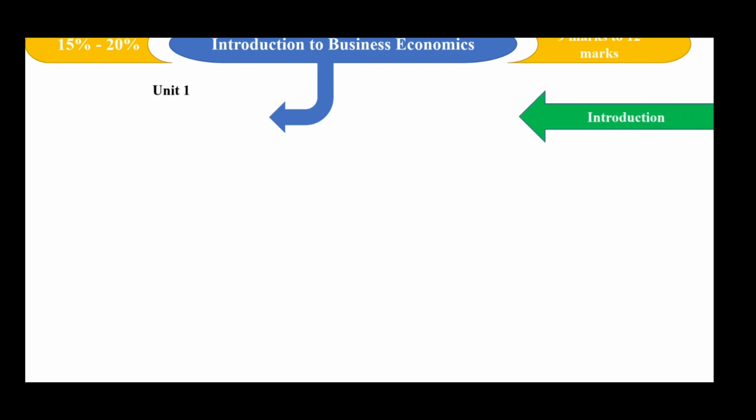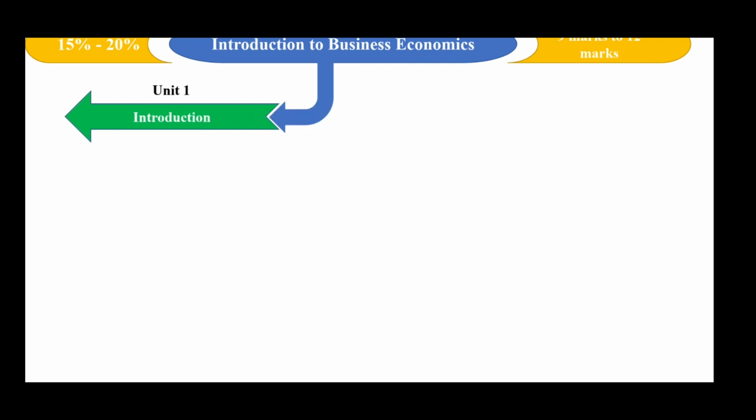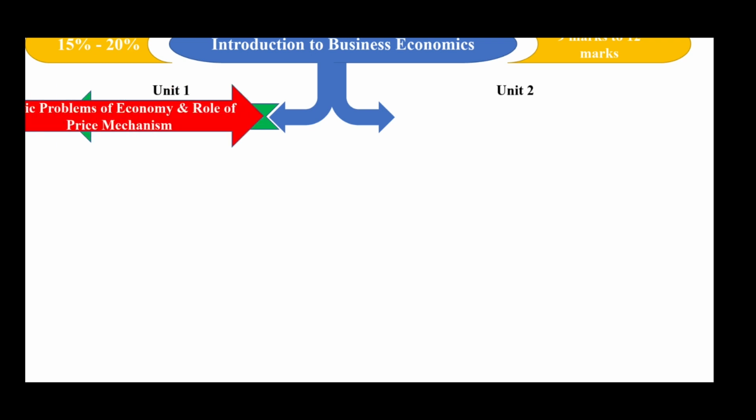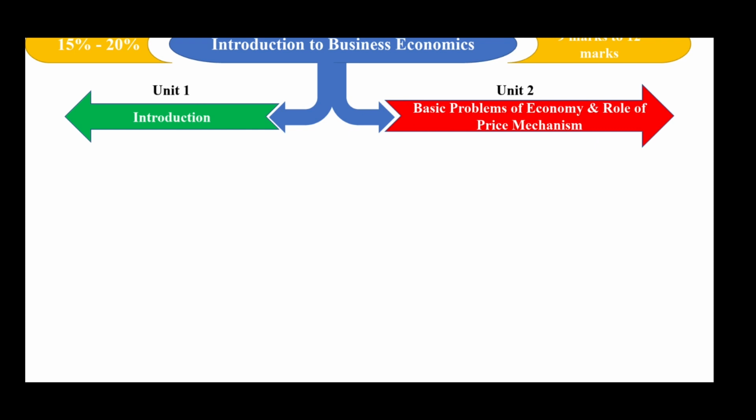Now I am going to discuss the overview of the Introduction to Business Economics and Theory of Demand chapters. The Introduction to Business Economics deals with 2 units. The first unit is introduction, and the second unit is basic problems of economy and role of price mechanism. In unit 1, we discuss definitions, nature and scope of business economics.